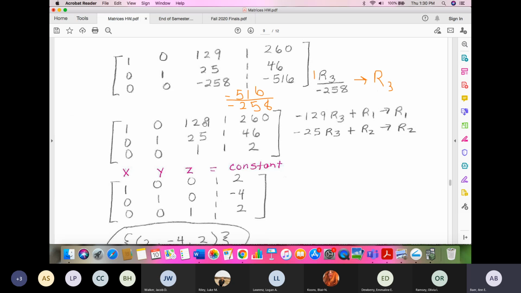So we want to get a 0 here. To get a 0, we change the sign, so we get negative 129, and multiply it times the row with the 1. The row with the 1 is row 3 down here. And add it to the row where you want a 0.